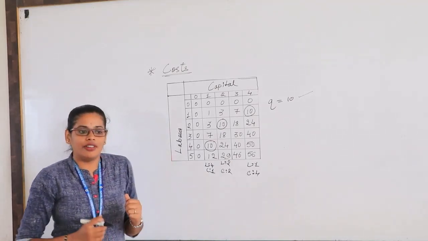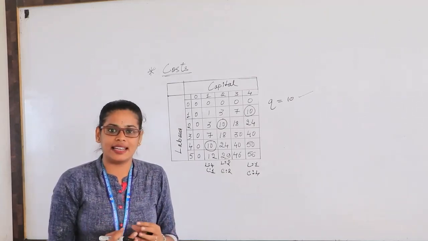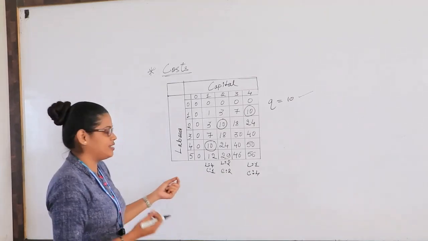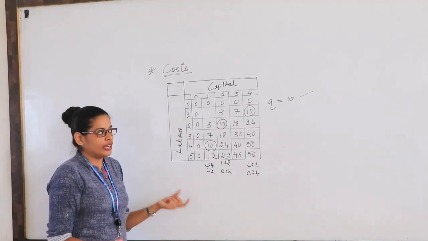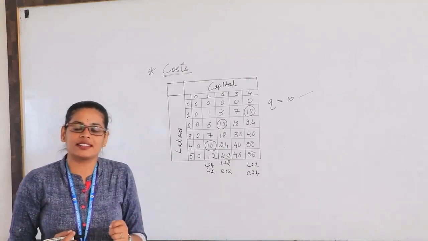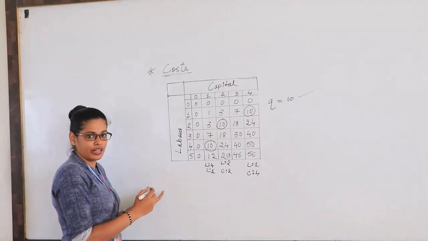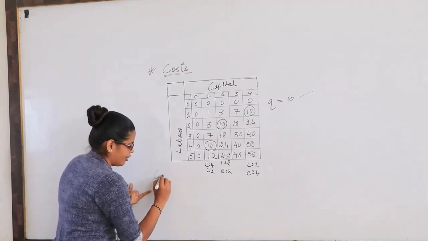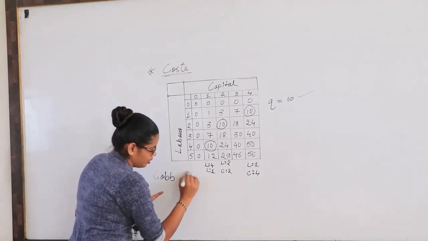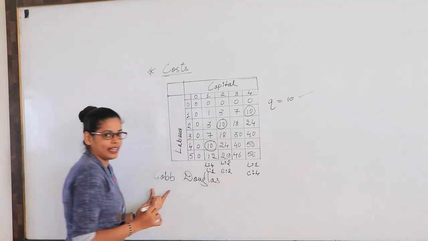We have already seen there are many economists who come and study and give their definitions. Here also, when we are talking about cost, we have already discussed the production function. Similarly, we have Cobb-Douglas, who is also a famous economist.